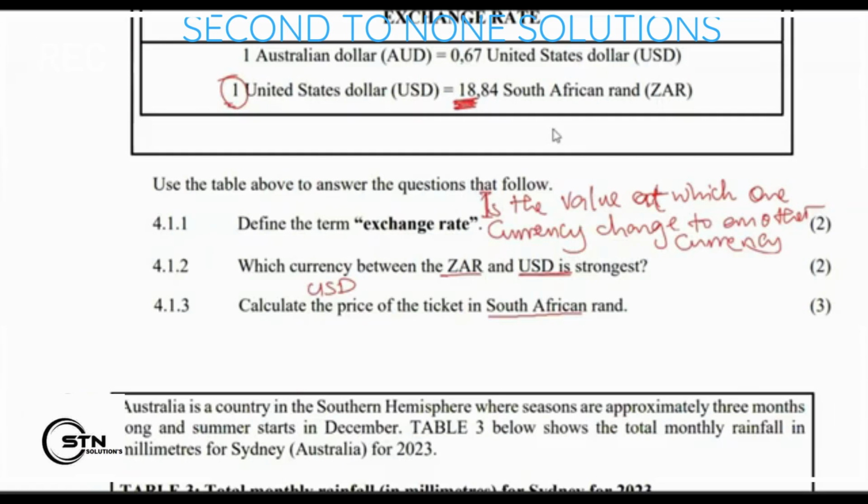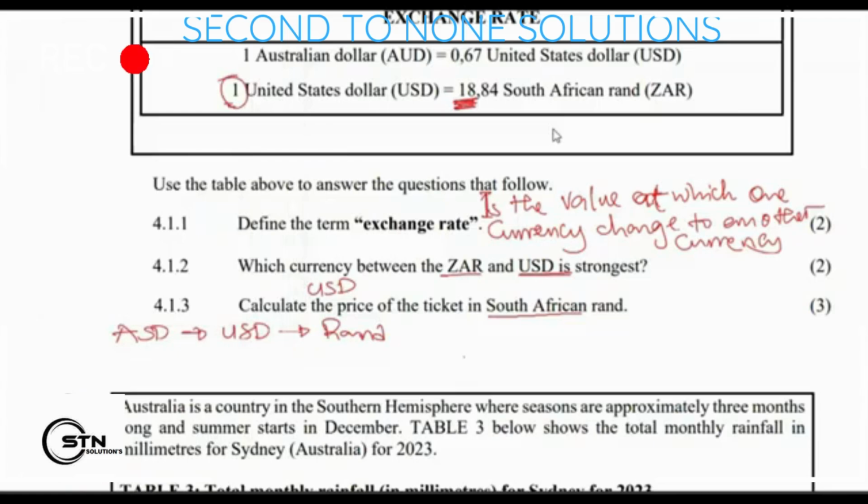So it's 3 marks, take note of this. You start by changing from the Australian dollar to the US dollar. Then after that, you'll be able to change to rands. These are the 3 marks that we need.